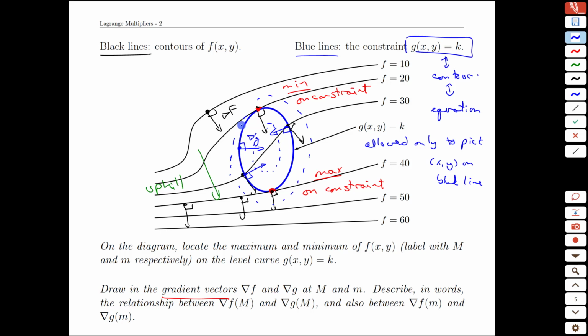What gets interesting is if we scope down to our local minimum here, well, minimum on the constraint, notice the blue line is going to be the same as the black line in terms of its direction. Because we're just touching this black line here, the slope of the blue and the black are the same, so if we draw a perpendicular vector there, they're also going to be pointing in the same direction. Now what about the maximum?